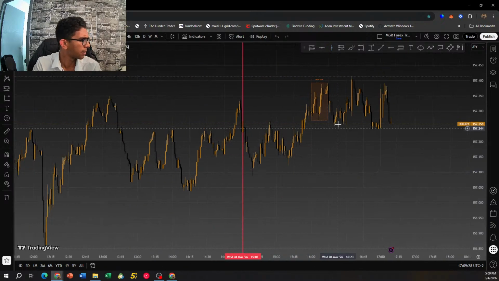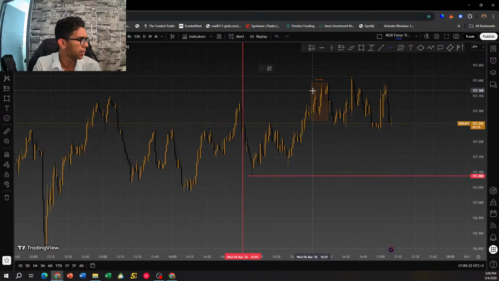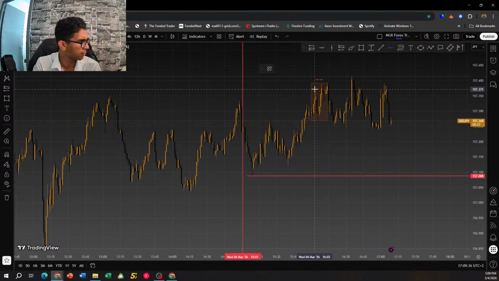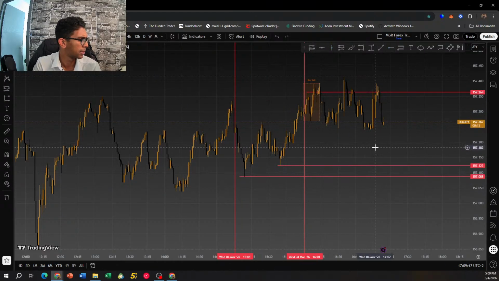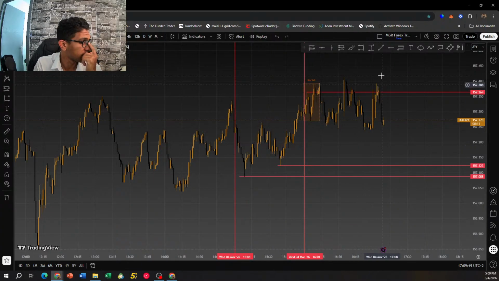Right over there, the lows over there, looking around this level over here, but not the cleanest. Around that level there, not the cleanest, unfortunately. I'm not happy with this particular price action.